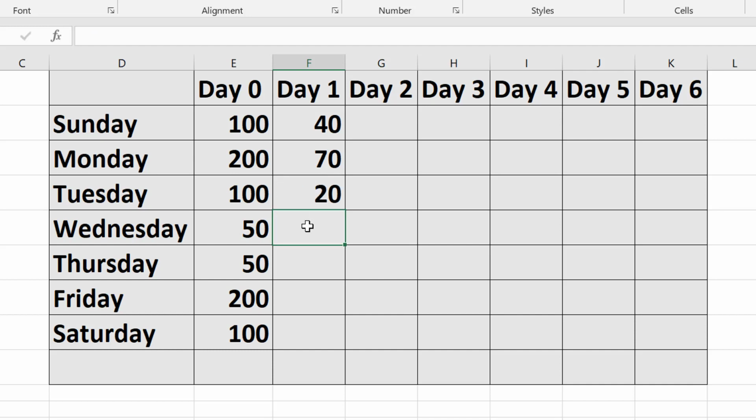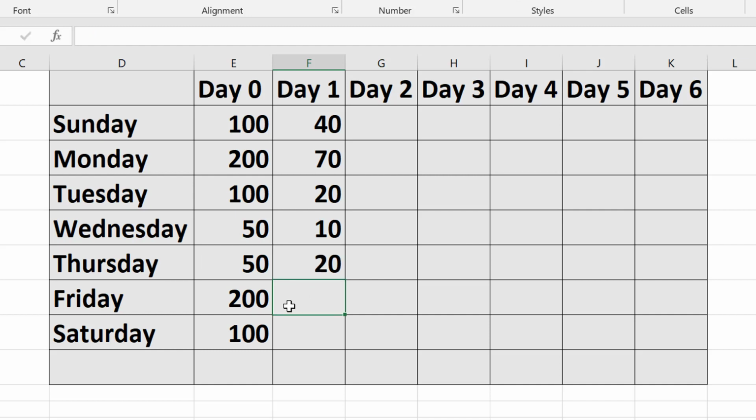Then on Wednesday, let's assume we acquired 50 people. Out of those 50 people, 10 people came on day 1, which would be Thursday. So on Thursday, 10 people came. And then for Thursday, the day 1, let's say it is 20.